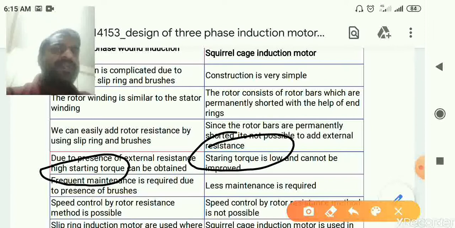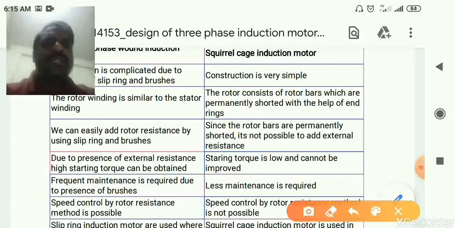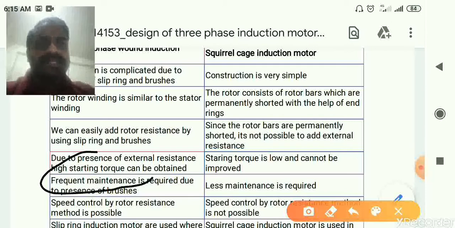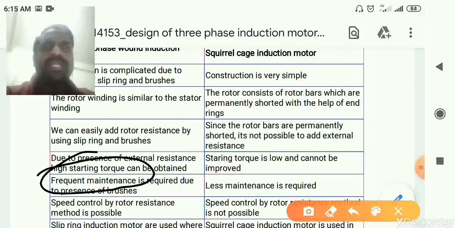As I already told you, the slip ring induction motor rotor involves a large number of parts, so frequent maintenance is required. And the squirrel cage induction motor has very few parts, so its maintenance is very less.